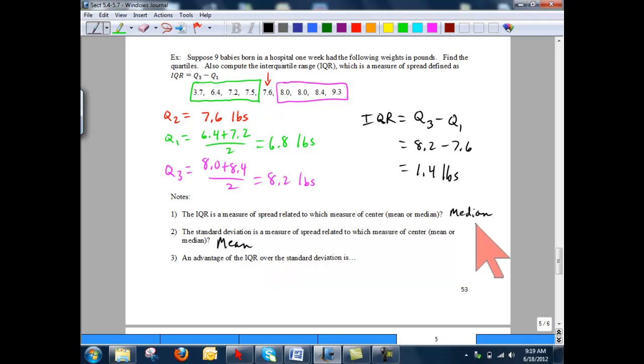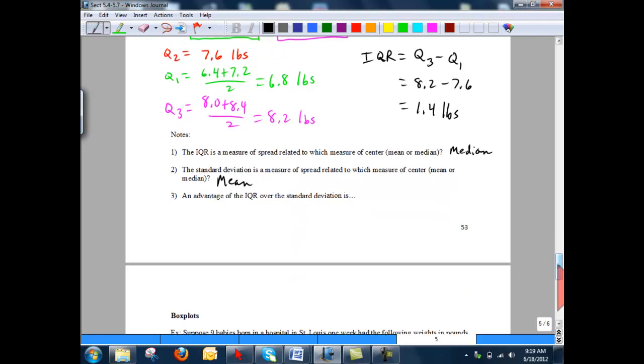Whereas if you choose to use the median for your measure of center, then you'll probably go ahead and use the IQR for your measure of spread and report 2 numbers, the median and the IQR. They tend to go together. They do different things, the measure of center and the measure of spread, but they tend to be paired off like I just described.